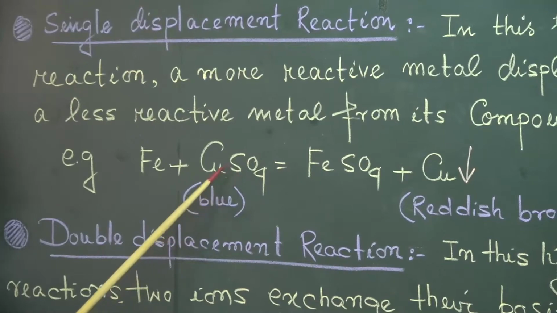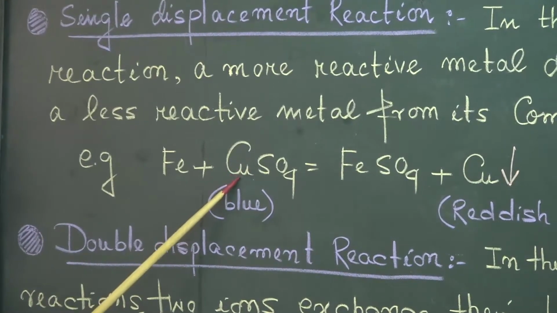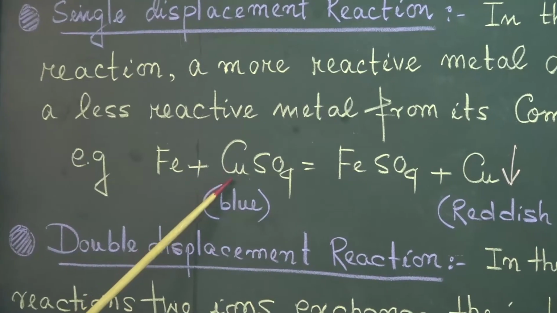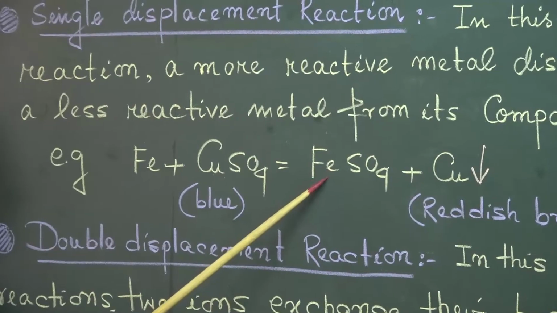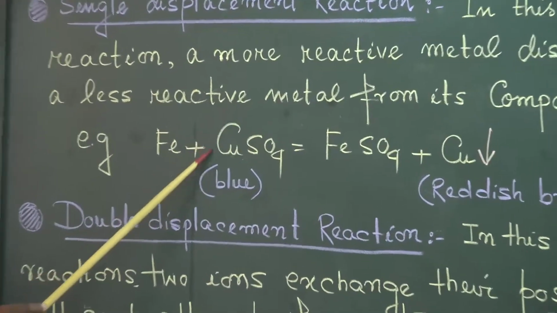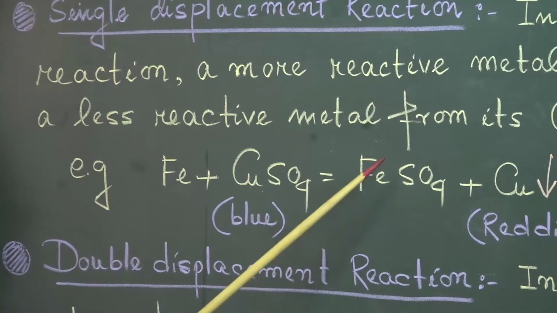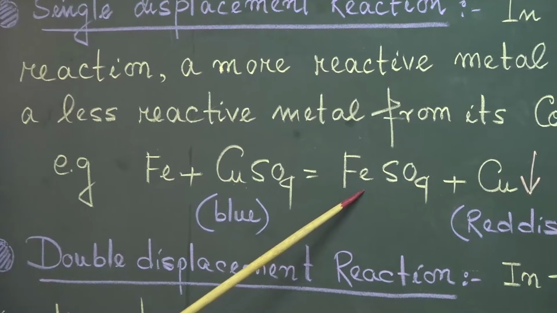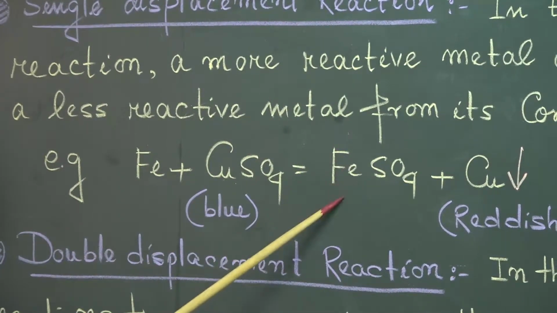This sulphate was initially attached with copper 2 plus, but in the product we are finding ferrous sulphate. That means this copper is getting replaced by iron. So, that is why we will call it a single displacement. Only one displacement has occurred.